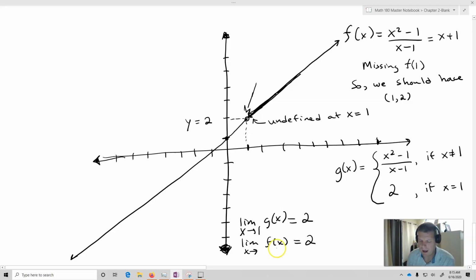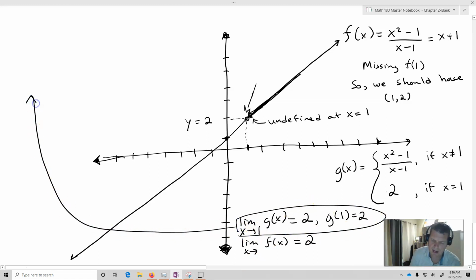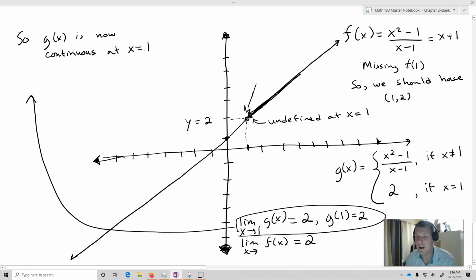And for g of x, g of 1 equals 2, because that's what the piecewise function says. So g of x is now continuous at x equals 1. We've removed the discontinuity. And that's what it means to be a removable discontinuity.